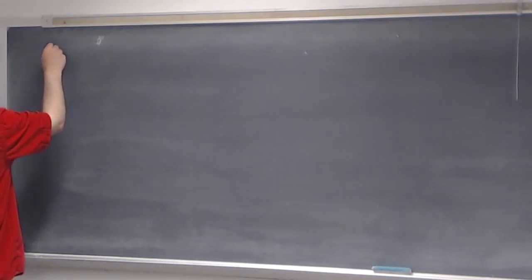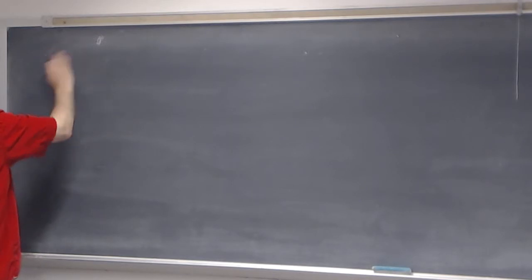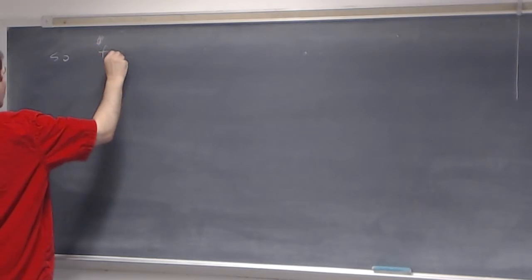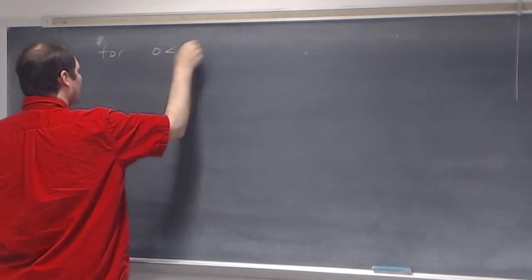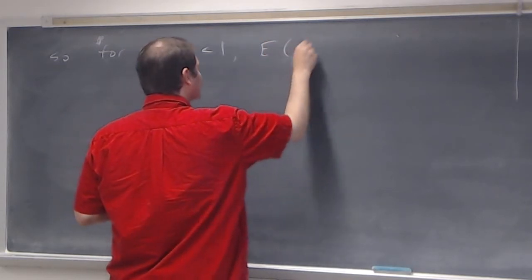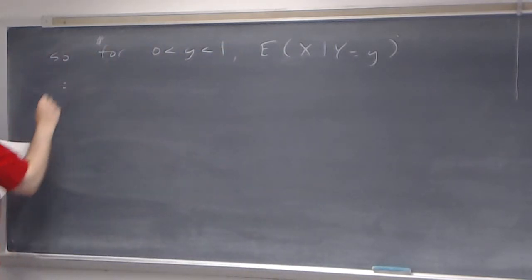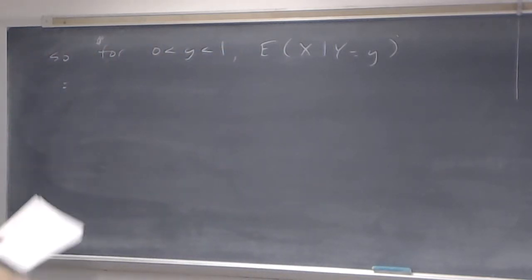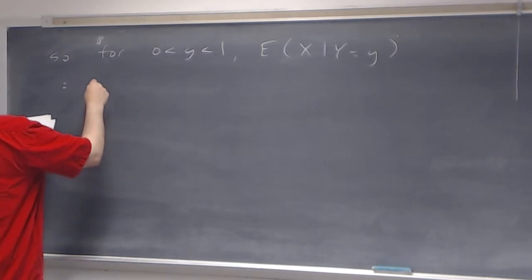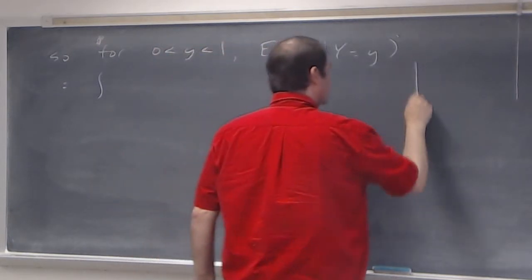So for 0 less than y less than 1, the conditional expectation of x given y equal to y is going to be equal to the integral. Okay, so let's look at our region of integration.